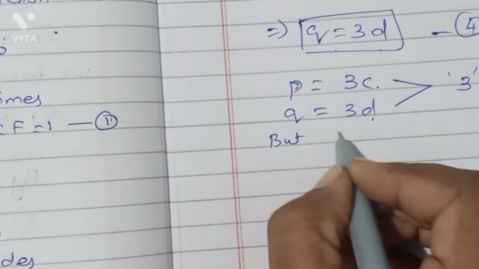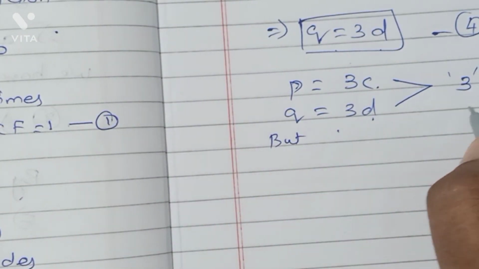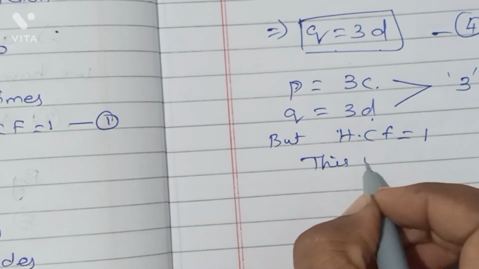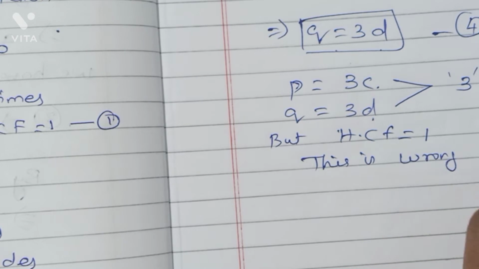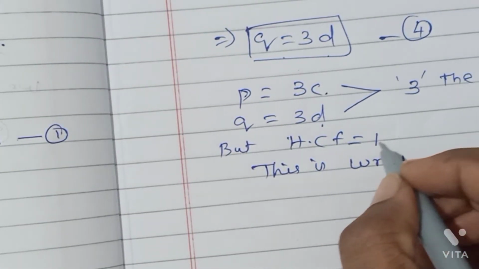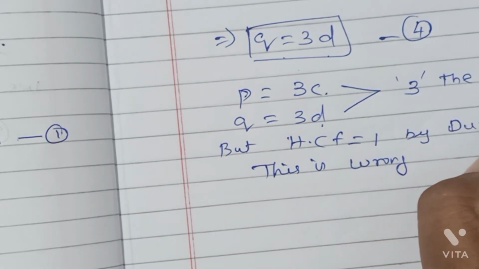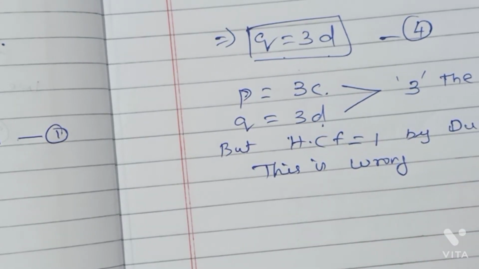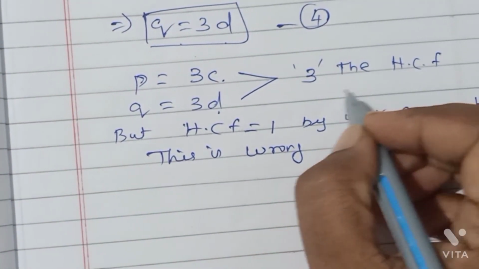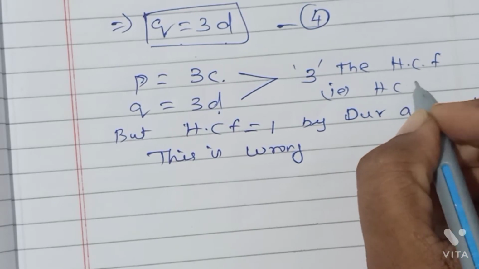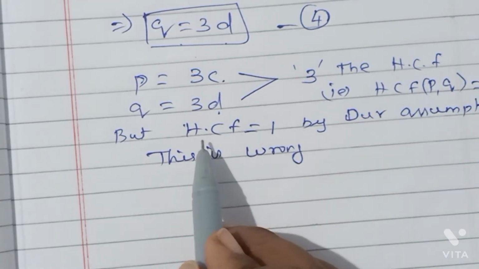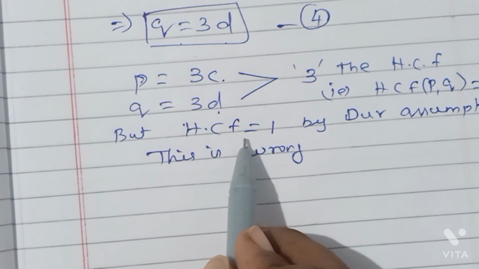But HCF is equal to 1 by our assumption, and this is wrong. So I can write HCF of p and q is equal to 3, but our assumption is that HCF is 1.